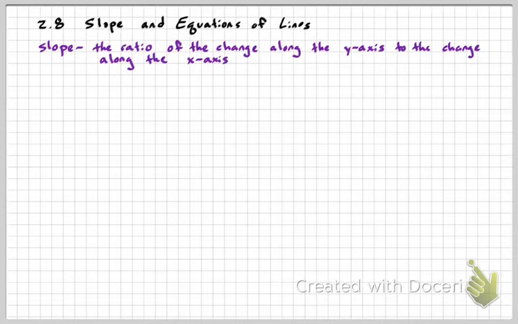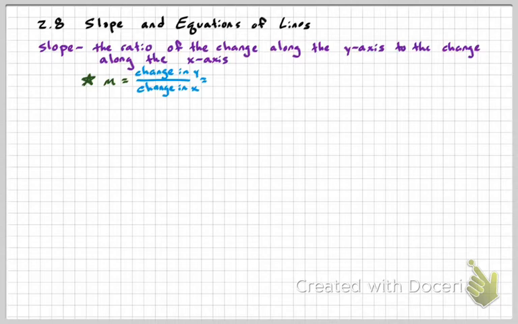And guys, anytime I use the word ratio, you should be thinking fraction, because that's how ratios are written. They're written as fractions. So for slope, we use the letter m, the variable that represents slope. And it's the change in y over the change in x. So that is the normal way we introduce slope.